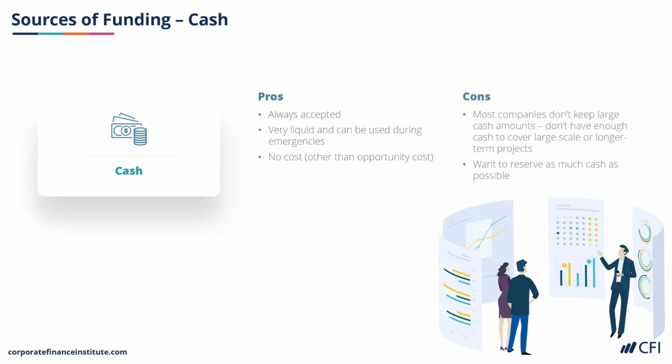On the flip side, companies generally don't keep very large cash balances that they can access when they have a big project that they want to execute. They also want to preserve the cash that they do have in case of emergencies, more so than spending on new projects. So it's a balance between keeping enough cash for emergencies, but not leaving excessive cash that could be used to fund projects.